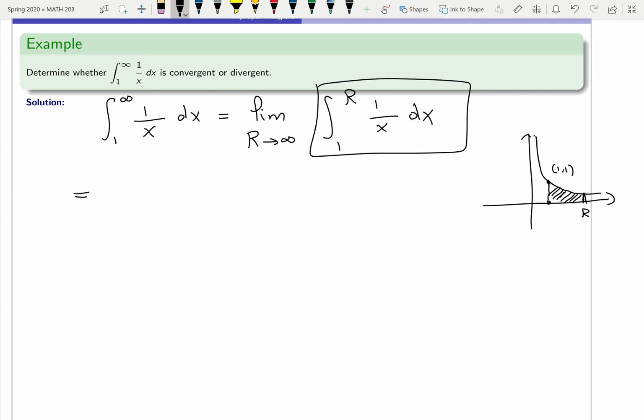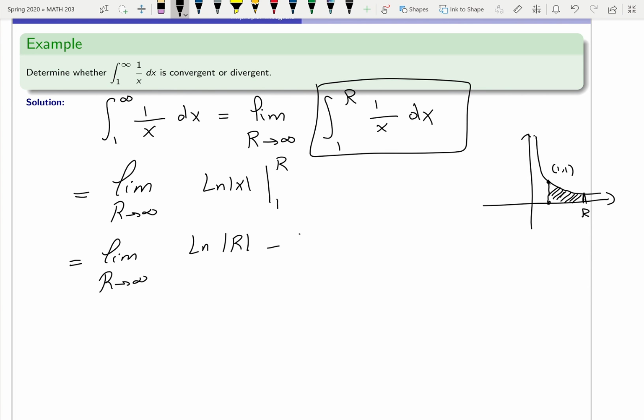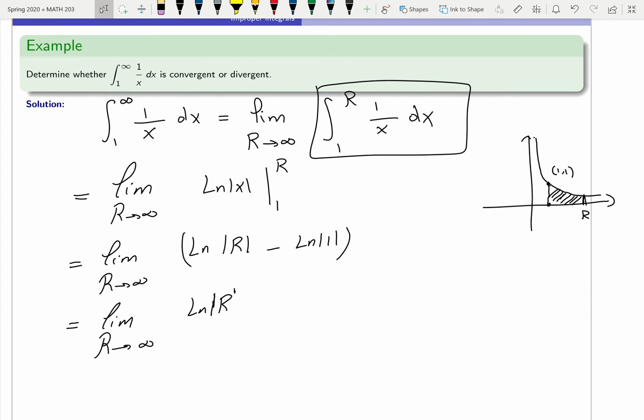So that's equal to the limit as r approaches infinity. The integral of 1 over x is ln of absolute value of x between 1 and r. So this is the limit as r approaches infinity of ln of absolute value of r minus ln of absolute value of 1, which is the limit of ln of r, since ln of 1 is equal to 0.